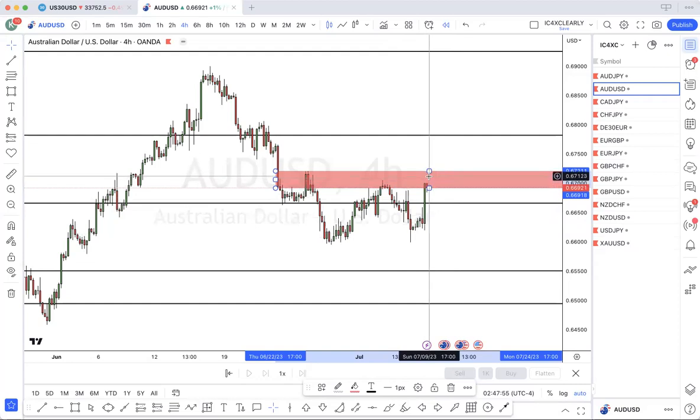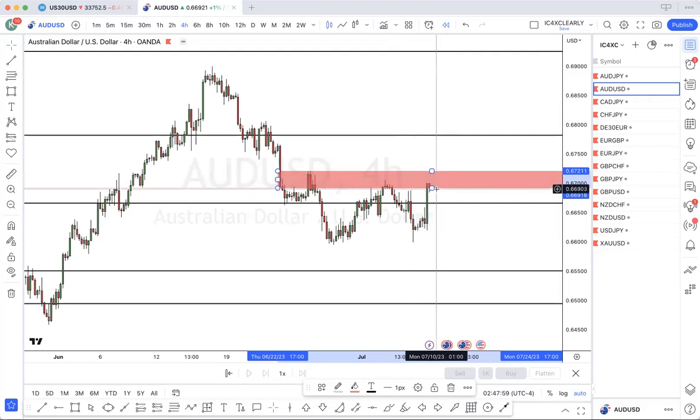Okay. So definitely just see if structure comes into the zone for a break of structure to the downside, or if it continues up, it may come tap into this order block, pull back, and continue to the upside.